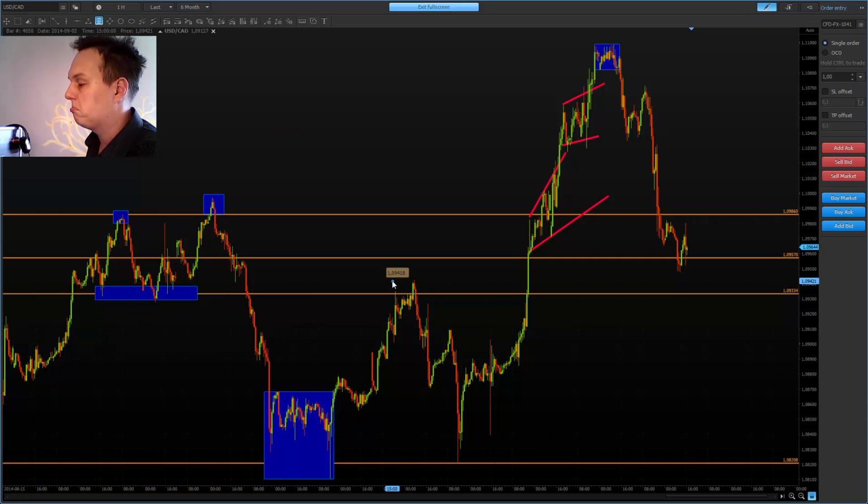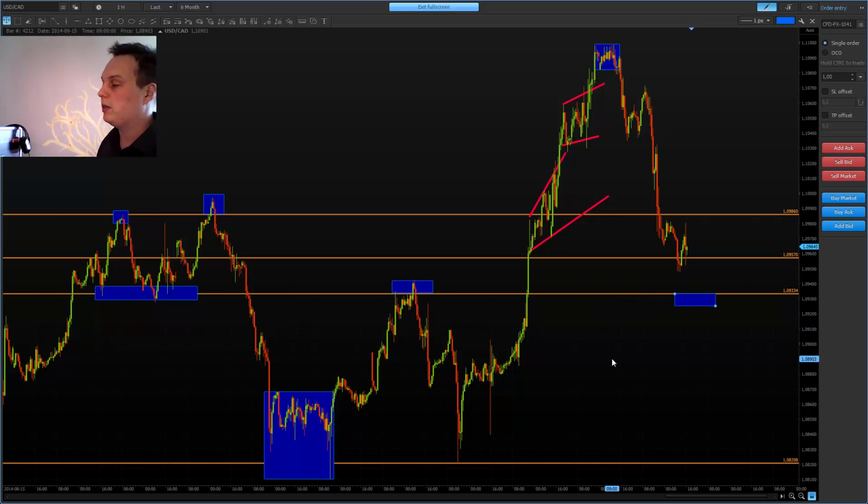We see here some level, okay, another one, and it's a technical support resistance level. It's not a classical supply demand zone, but apparently it's a level where demand is approaching and some supply appeared in the past, I'm sorry, and we anticipate some demand might appear again here, okay.